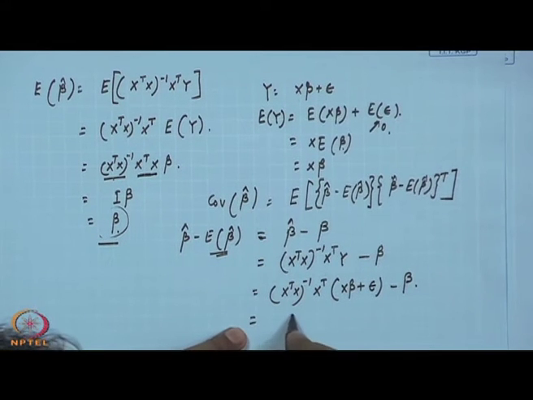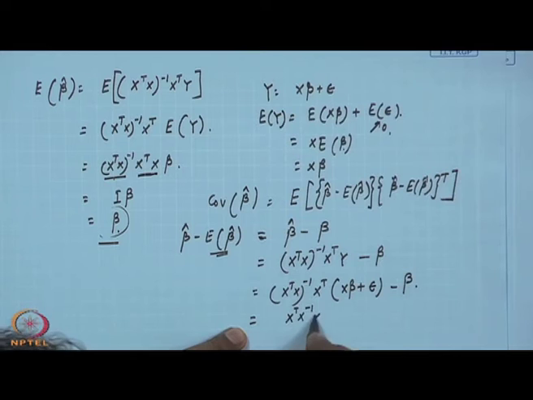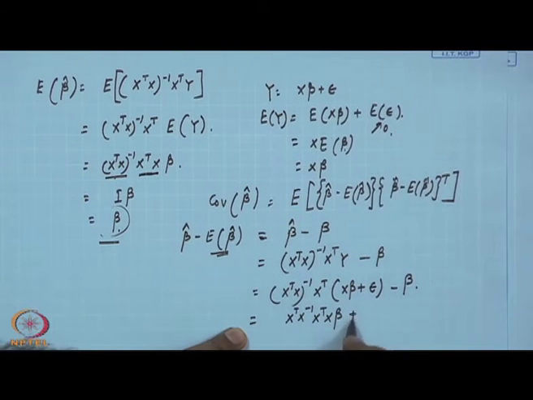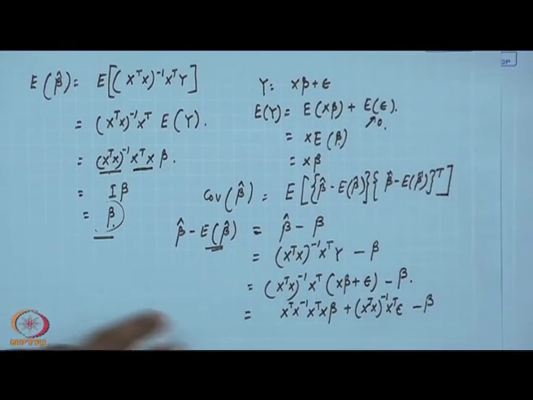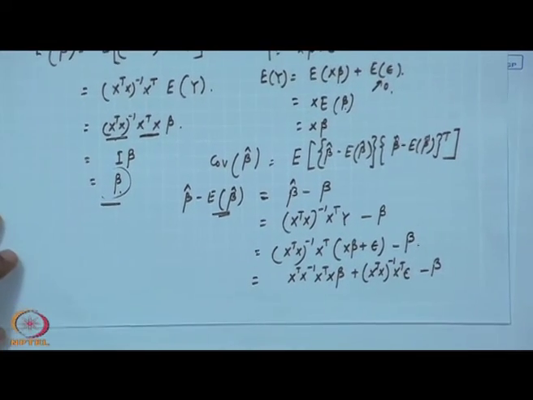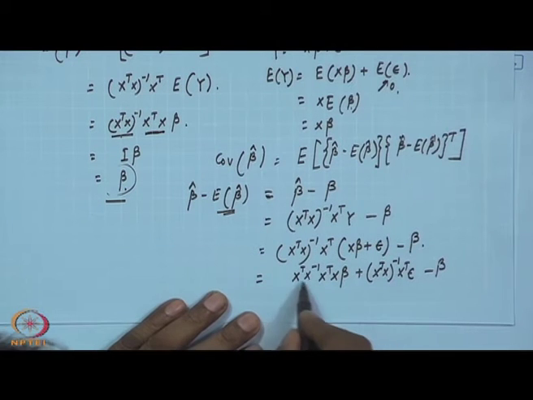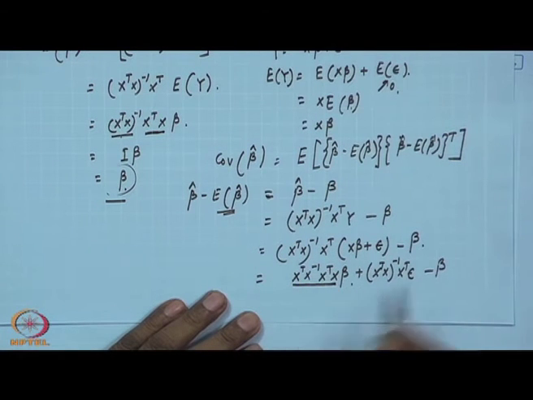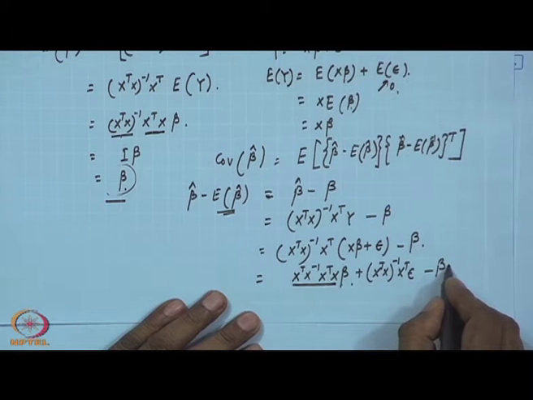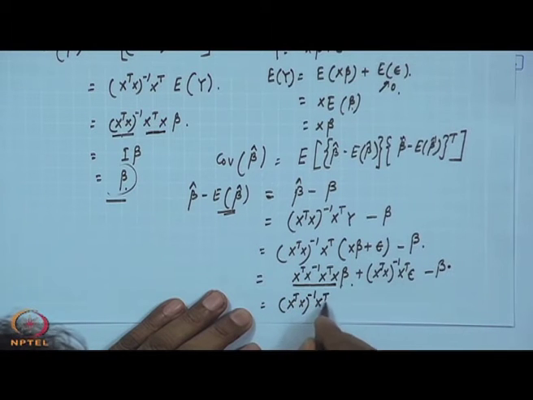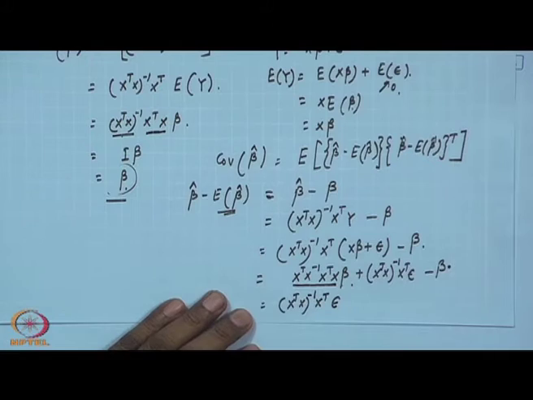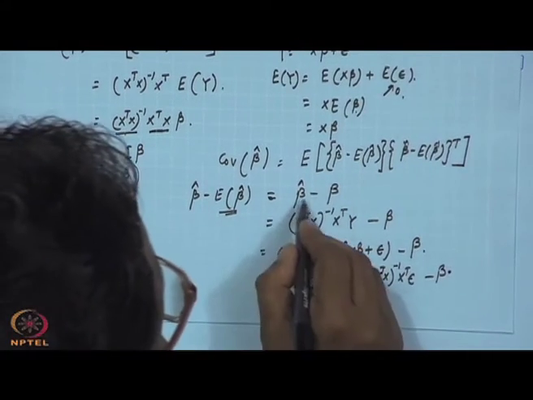The resultant quantity will become x transpose x inverse x transpose x beta plus x transpose x inverse x transpose epsilon minus beta. Minus beta, and this quantity is I, so this is beta. So, beta minus beta cancel out. Ultimately you are getting x transpose x inverse x transpose epsilon.